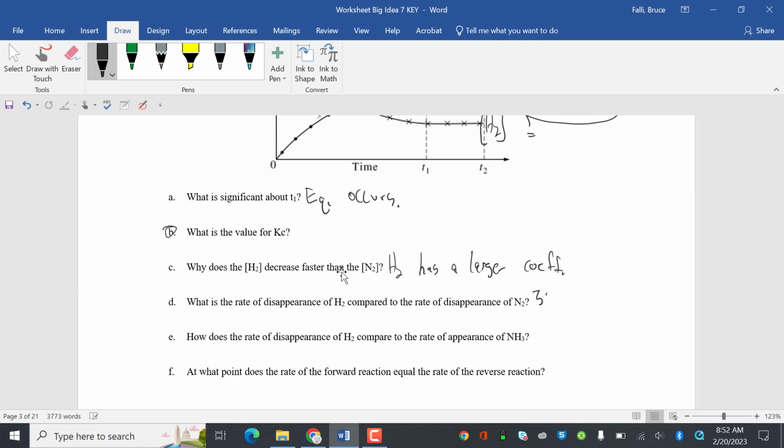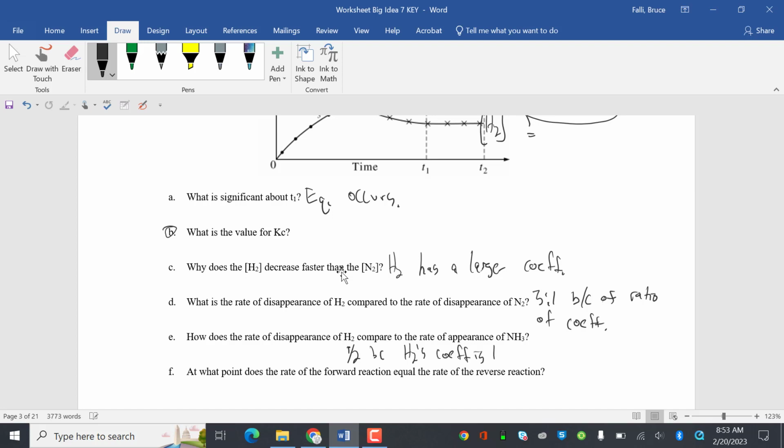It is 3 to 1 because of the ratio of coefficients. How does the rate of appearance of NH3 compare to H2? It is 1/2. I'm just showing one as a ratio and one as a fraction.